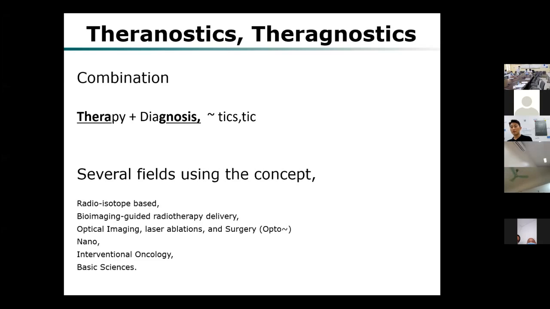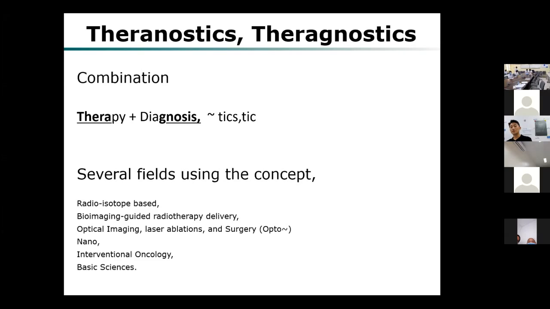It was already studied from basic science, especially material science, and then applied material science, because they already set up some kinds of material to use in other fields. Optical imaging is the traditional example.